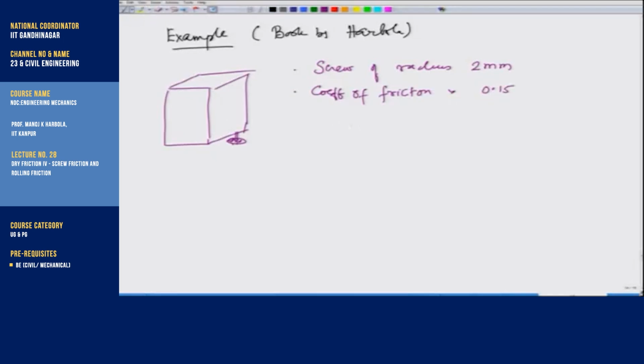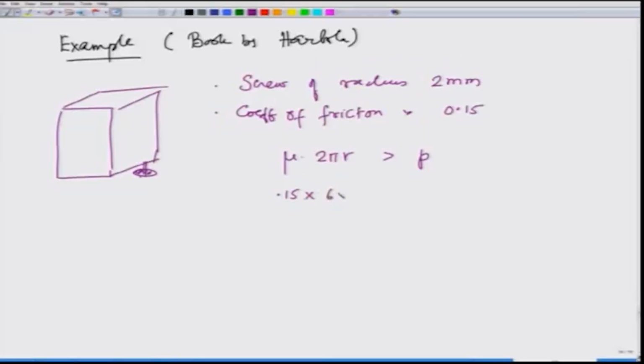So, we have just seen that mu times 2 pi r should be greater than p, and therefore 0.15 times roughly 6 times 2 should be greater than p. So, pitch should be less than 1.8 mm.